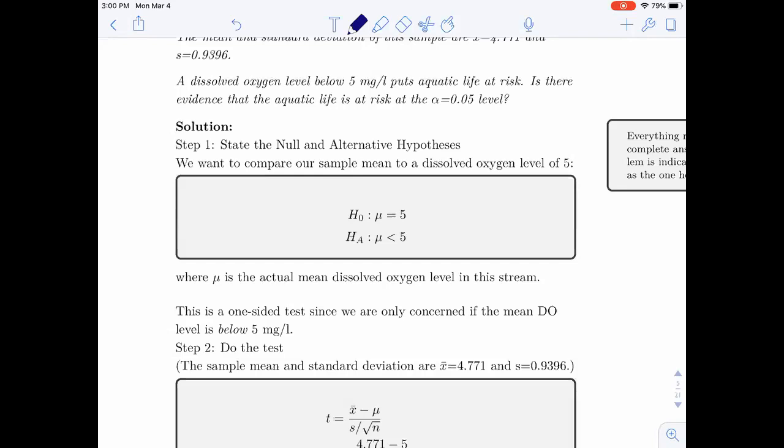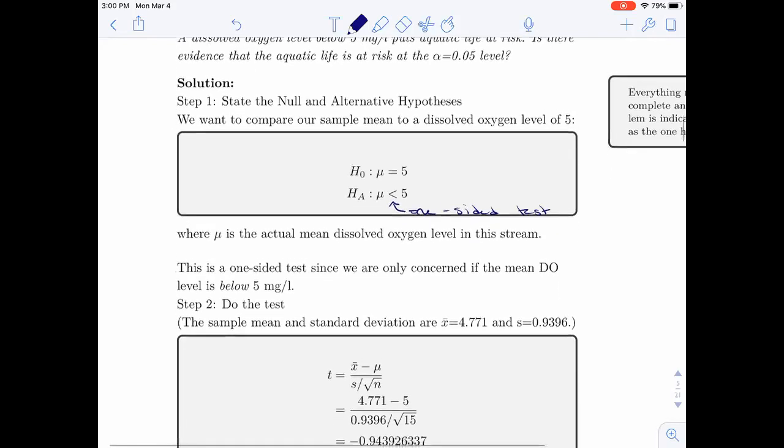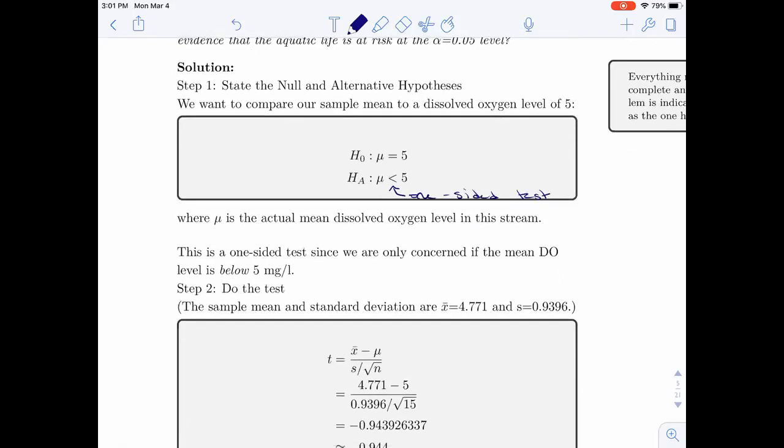I have it typed up in the notes, but just to emphasize, I'll say we have a one-sided test, because we're only concerned with one side. Any questions about that one?